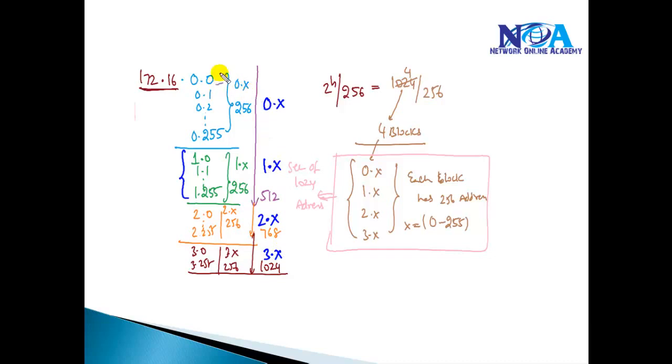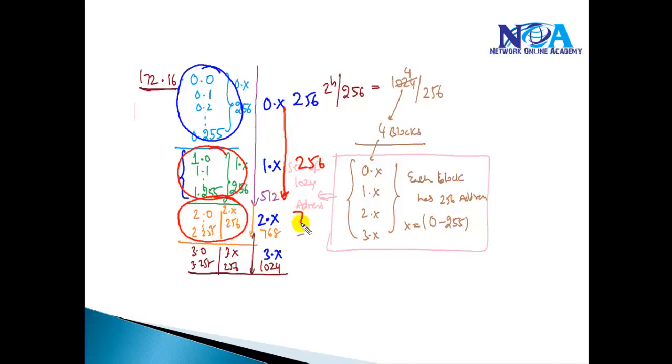If you write the complete 0.x block, you get only 256 addresses. Writing 1.x as well, we get 256 more, and the total becomes 512. Writing 2.x, it's going to be 768, 256 plus 256 plus 256, and then I write complete 3.x as well, getting 256 addresses.